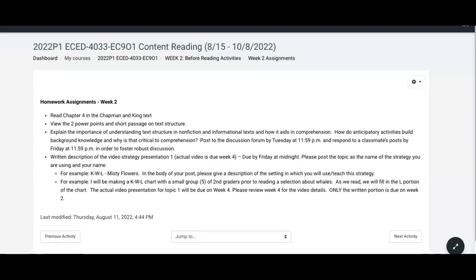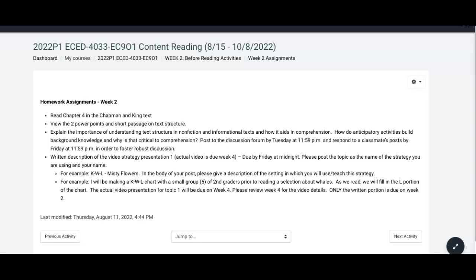Now, I know that you're asking, where am I going to find these strategies for this video presentation? You're going to use the Tools for Teaching Content Literacy, the flip chart by Janet Allen, the purple one. And you're going to look at the Assess and Build Content Knowledge.